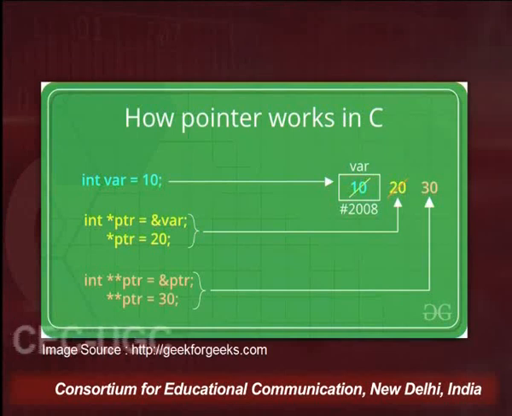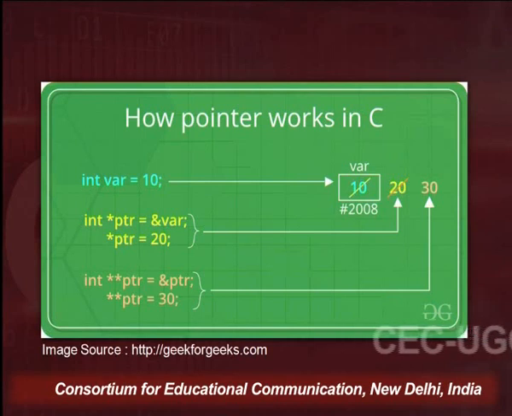Now, with every variable there are three associated values. One is the name of the variable, another is the value of the variable, and the third is the address of the variable. We say pointers are symbolic address variables because we are actually not aware of the actual addresses.